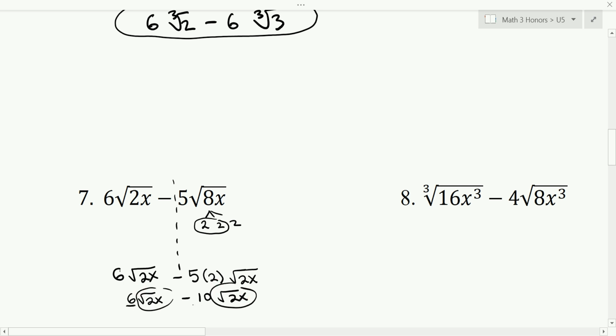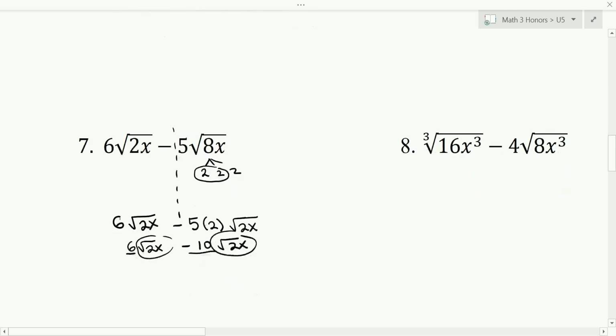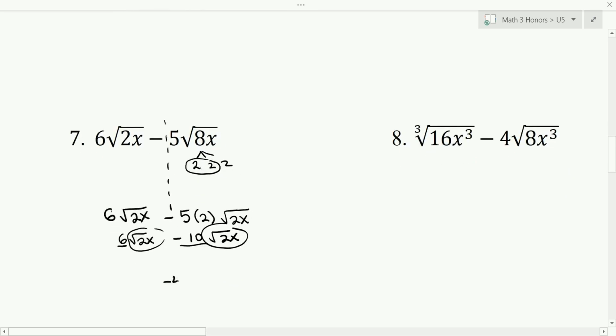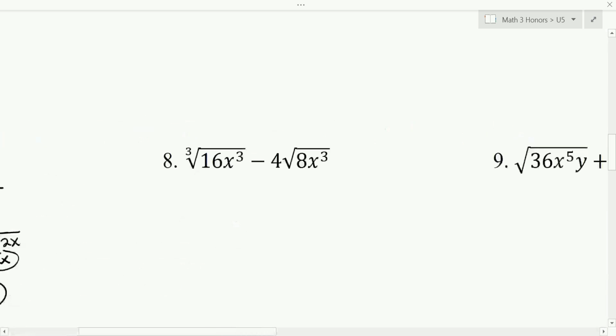The 6 minus the 10 gives us negative 4 times root 2x. Isn't too bad, right? All right. Try 8 and 9.